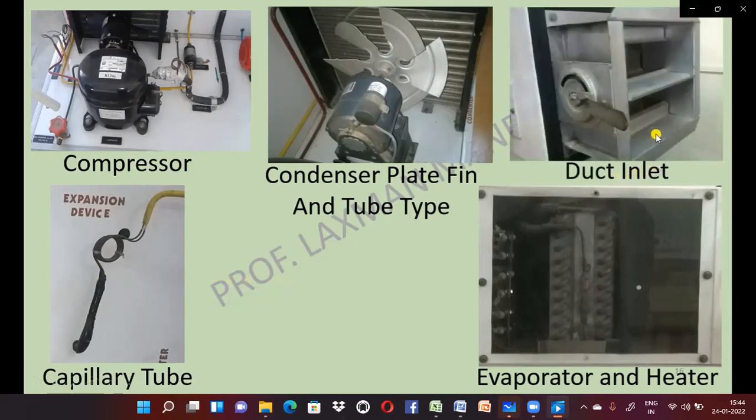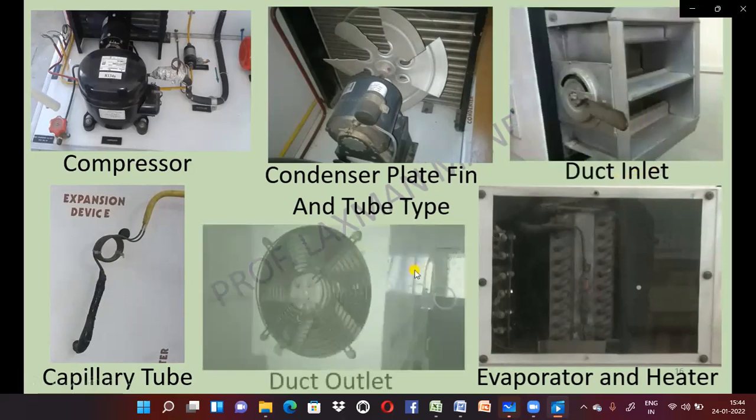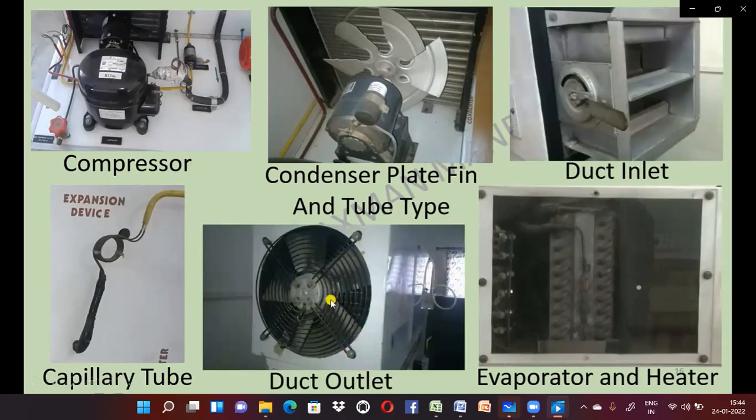Duct inlet is where air passes inside, and duct outlet is where air comes out. During this, air passes from the inlet to the outlet of the duct. In this, either cooling or heating of the air can be carried out by operating the evaporator and heater coil respectively.